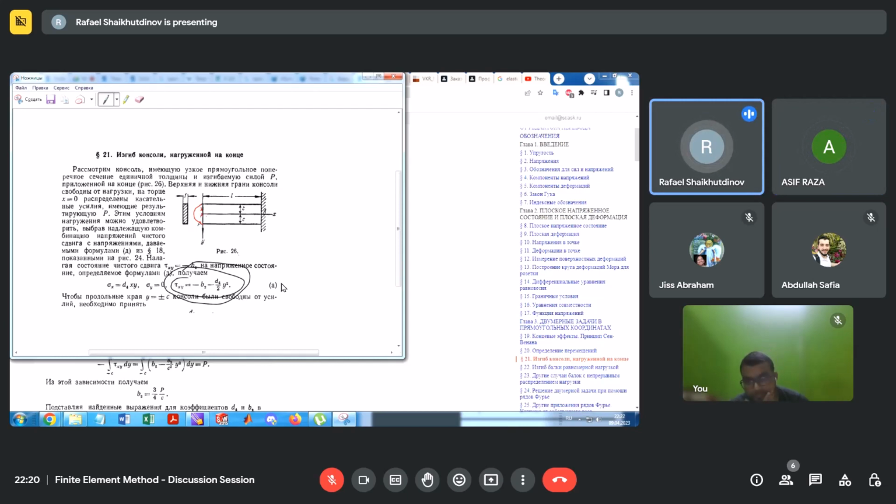And this is my question: how can we use Euler-Bernoulli and point load simultaneously? Can we just neglect this? Can we assume that this is zero, negligible, and use only the distribution sigma x equal to P over (L minus x) divided by E? Can we just neglect this in Euler-Bernoulli?